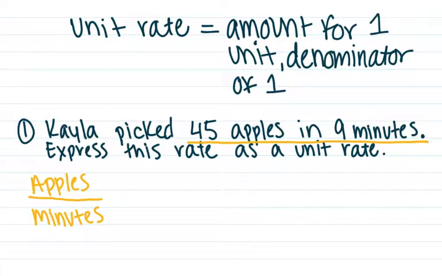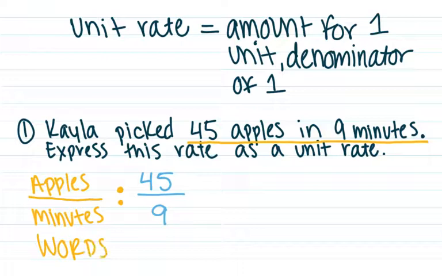If I want to know how much 1 minute is, that 1 needs to be on the bottom as a denominator. After I use my words, I'm going to plug in my numbers. So my numbers are 45 for apples and 9 for minutes. So again, step 1 is to write this with words. Step 2 is to plug in the numbers.